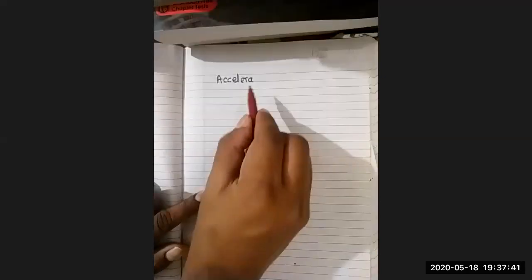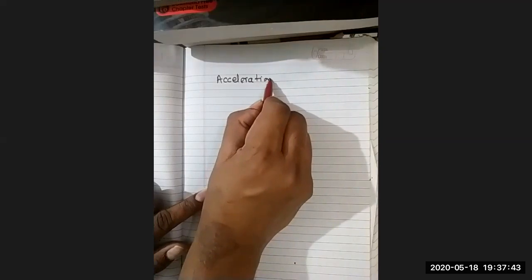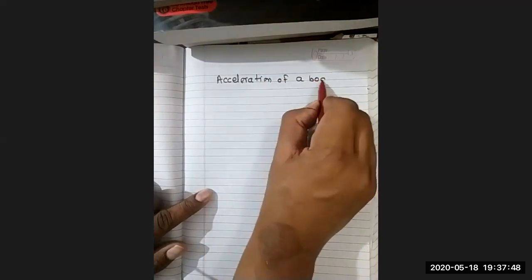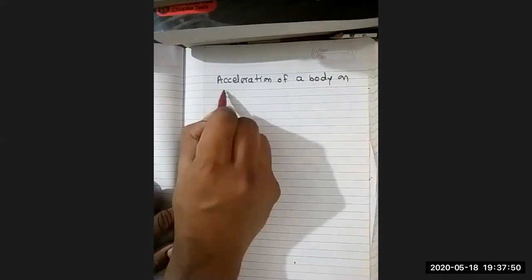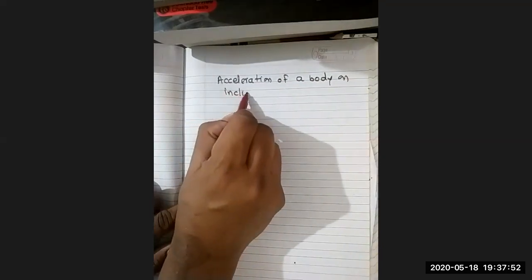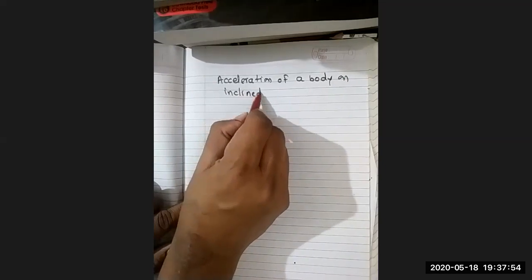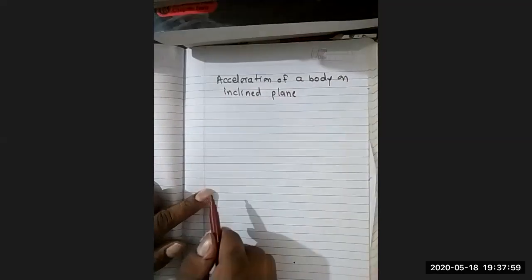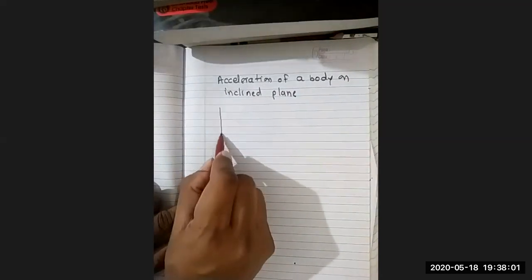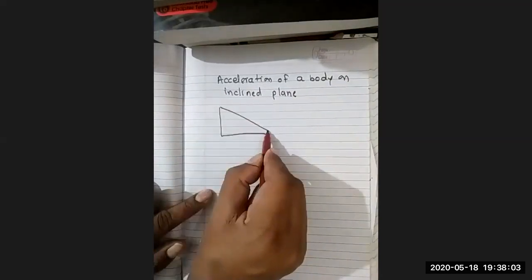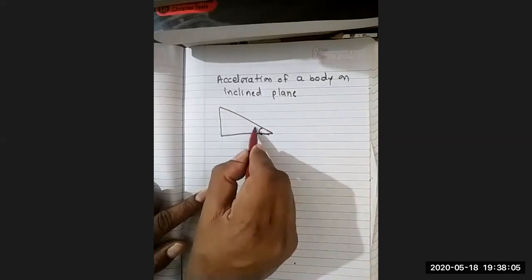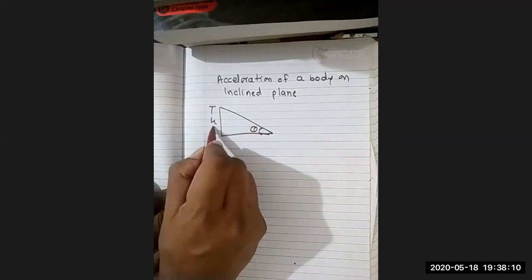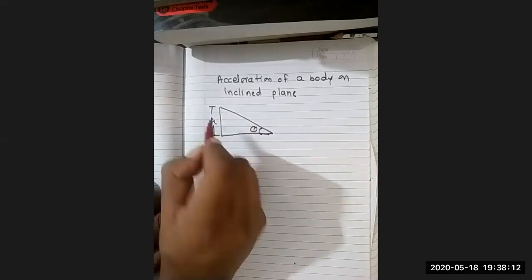Next point, acceleration of a body on an inclined plane. Now we want to calculate acceleration, right? So I'm just going to draw that inclined plane again. An inclined plane will be like this, theta is like this, and say the height of that particular inclined plane is h.